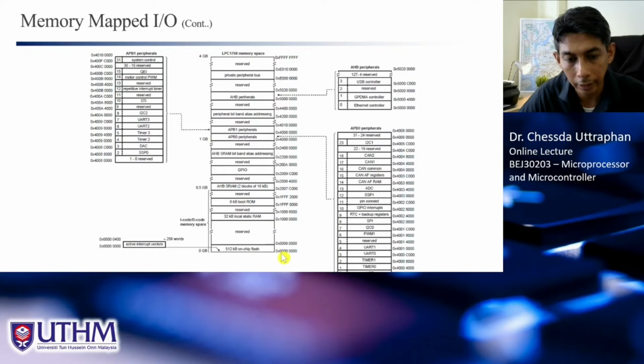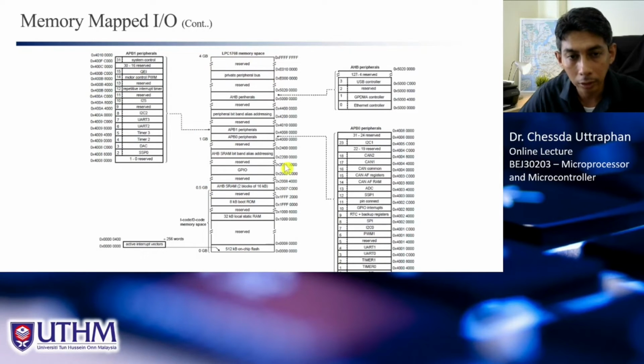So we will start at address 00000000 until the last address is FFFFFFFF, which is 4 gigabytes in size here. So 4 gigabytes is huge, yeah. The memory is big for a microcontroller.